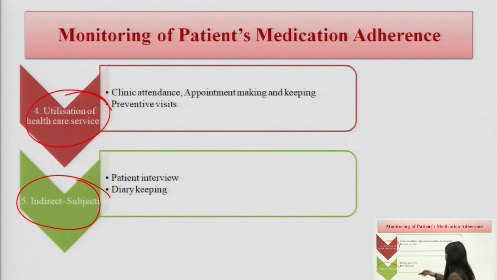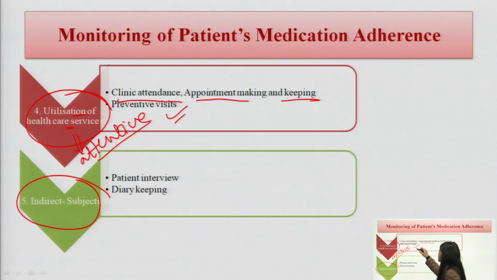Now, another is utilization of healthcare services. This is the method in which we see how attentive the patient is to their treatment. That means clinical attendance: how often the patient is coming to the hospital, how many appointments the patient is making or keeping, and preventive visits: how many times the patient is coming for preventive checkups.